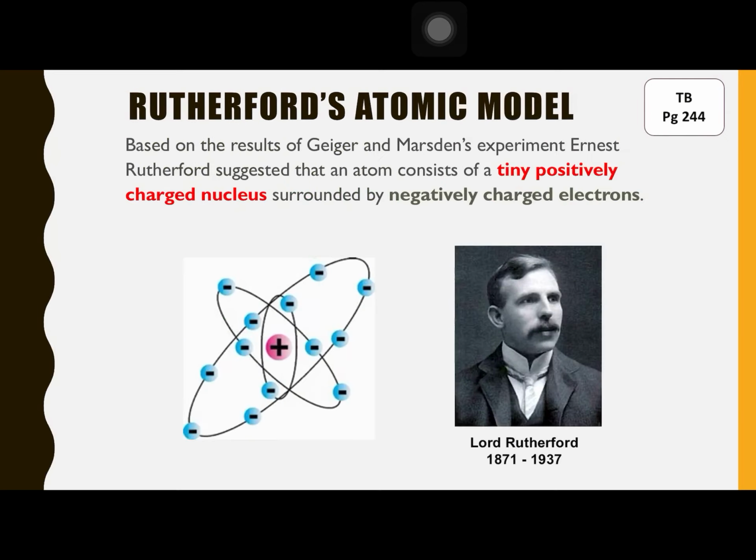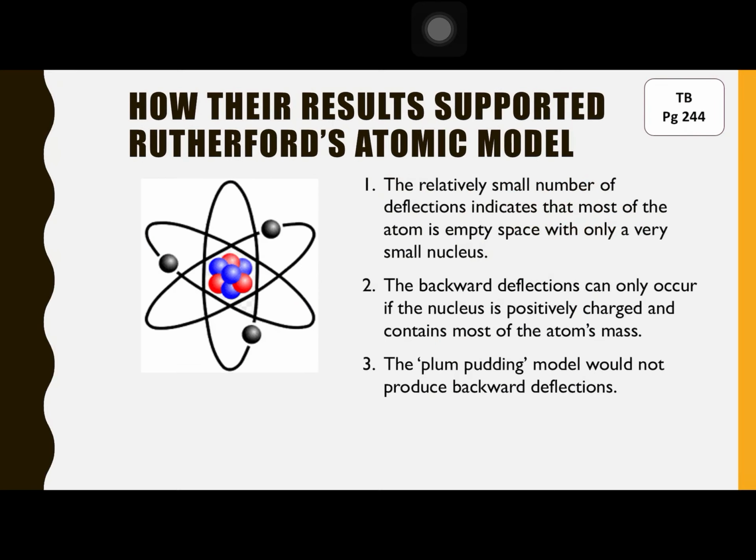So based on Geiger's and Marsden's experiment, Rutherford then suggested that atoms are not like the plum pudding model, but they're actually a tiny positively charged nucleus surrounded by negatively charged electrons. And how Geiger and Marsden's results supported Rutherford's atomic model was that because of the relatively small number of deflections, it shows that actually most of the atom is empty space with a very small nucleus.